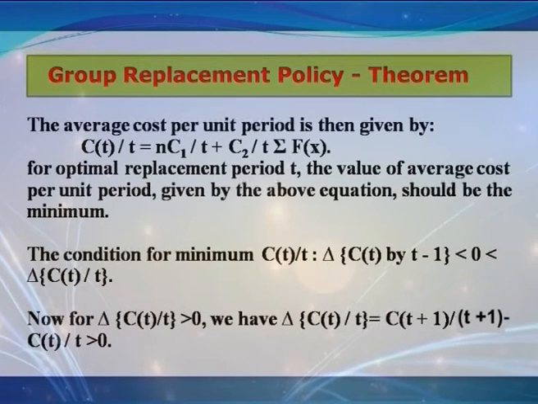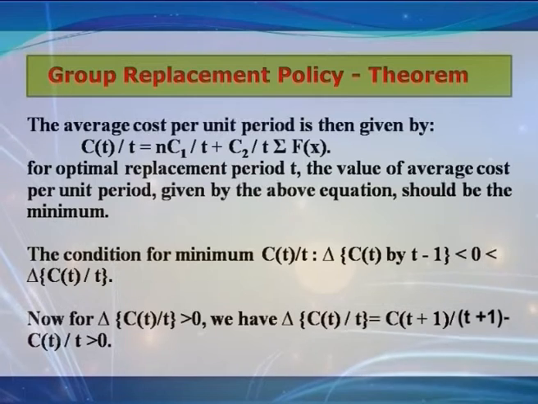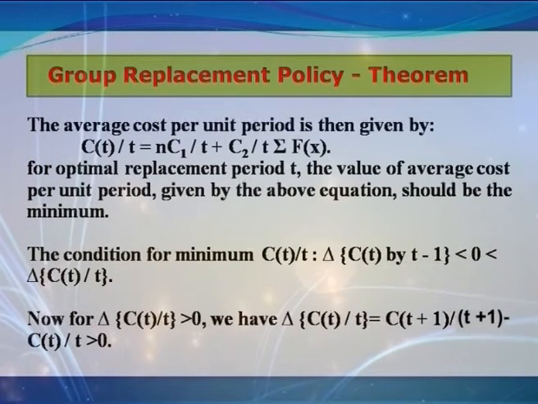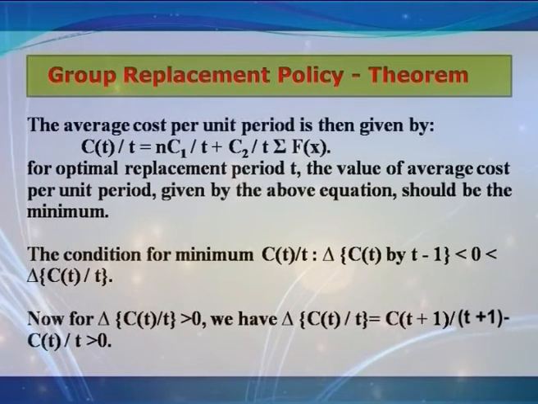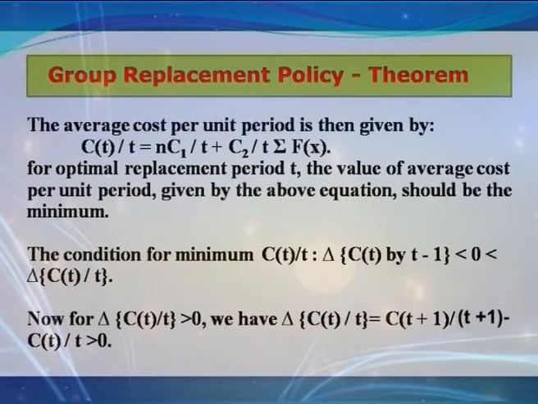Now, for ΔC(T)/T greater than 0, we have ΔC(T)/T = C(T+1)/(T+1) − C(T)/T > 0.